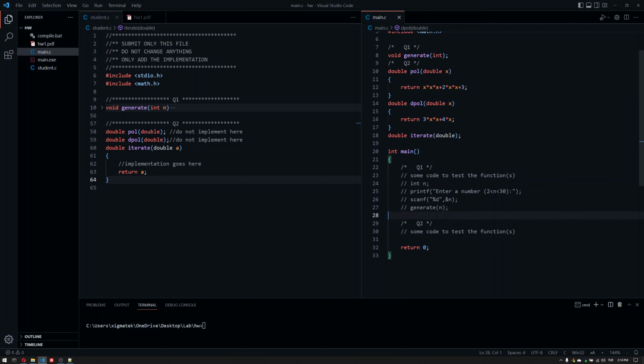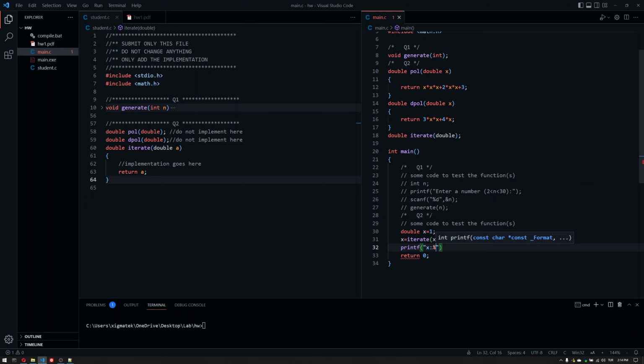Let's basically have a double x, let's say 1, and all we need to do is iterate x and then printf basically what the solution is.